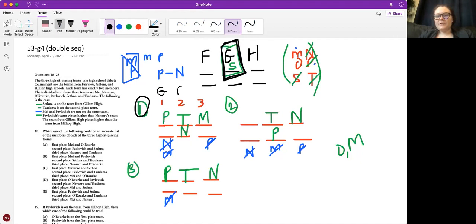Because what happens if we put G in 2? Is there anywhere to put S? No. So G has to be 1 in world number 1 because S has to be with it.